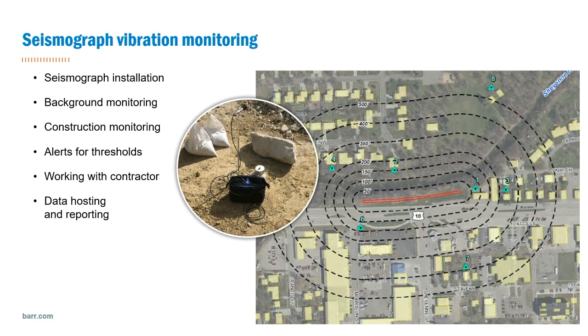These alert thresholds are programmed into the seismograph, and they report back to our monitor in Minneapolis, but we also send messages out to the field staff. Along with that, we'd work with the contractor when we started exceeding some of these thresholds. We also set up a data hosting program and reporting so that the data was available quickly in the event that we had any exceedances.